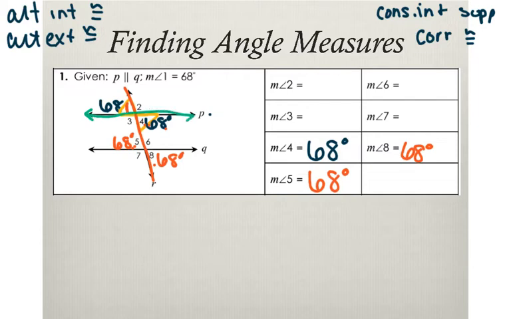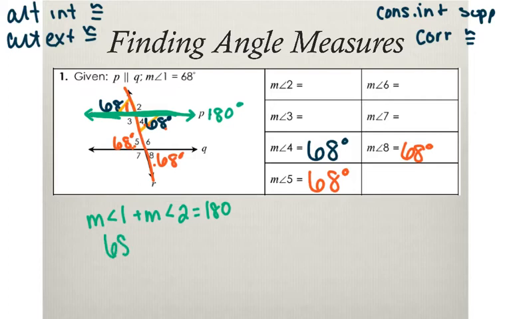Think about it. Straight line. Not that I drew it straight. But straight line. How many degrees are in a straight line? 180. If you know the measure of angle 1 plus the measure of angle 2 is equal to 180 degrees, and you know the measure of angle 1 being 68, you don't know the measure of angle 2, you can simply solve either the equation or just a basic math problem.